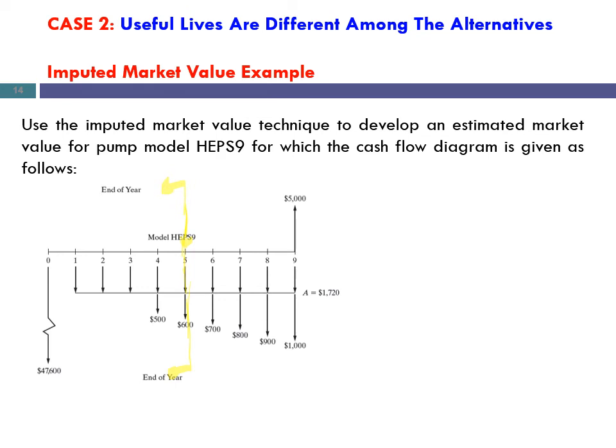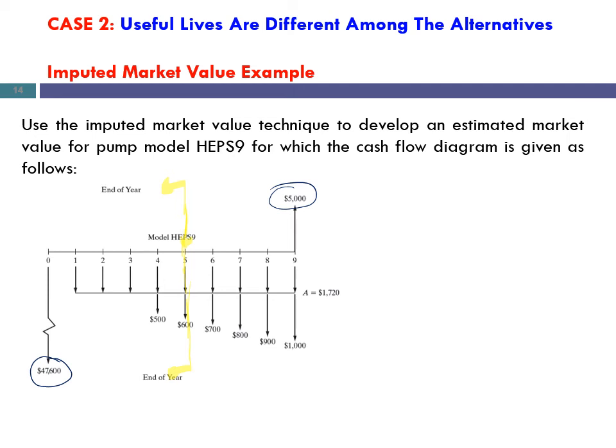Now let's use this imputed market value technique to estimate the market value at year 5. And what do we do? According to our imputed market value technique, we need to consider the initial investment and final salvage value, and we need to find the capital recovery.